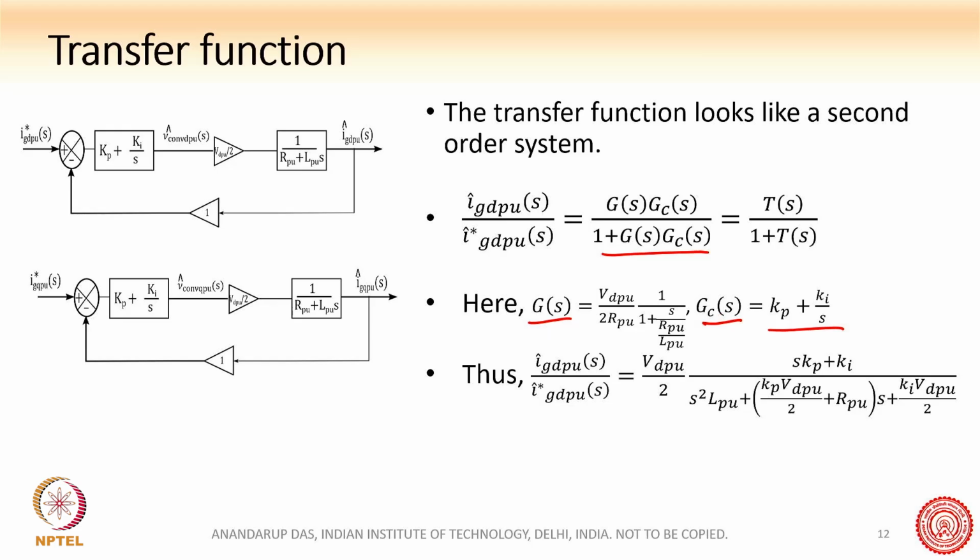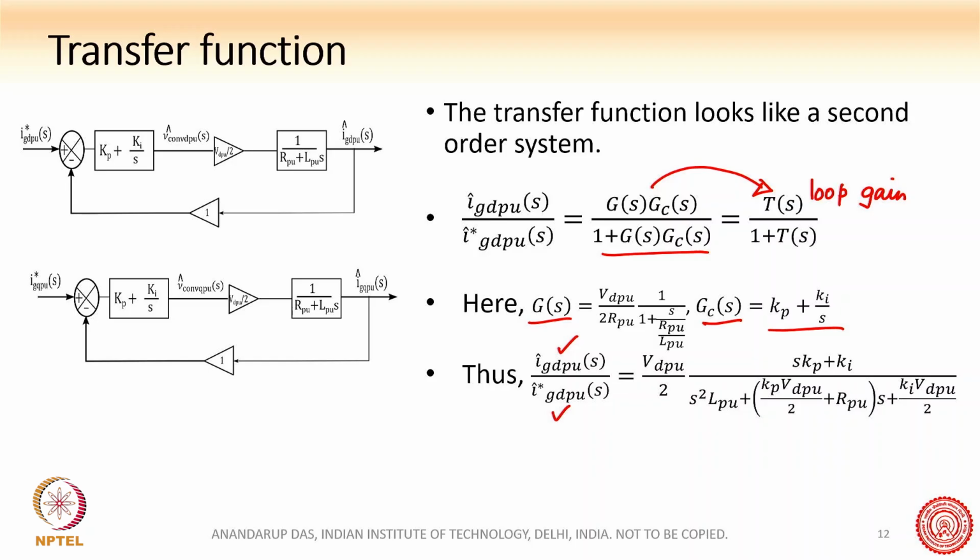It is Kp plus Ki by S, and therefore we can use this in this expression. Sometimes this GS into GCS is called the loop gain. I will explain this loop gain in a few minutes time. What is this loop gain and why is it important?